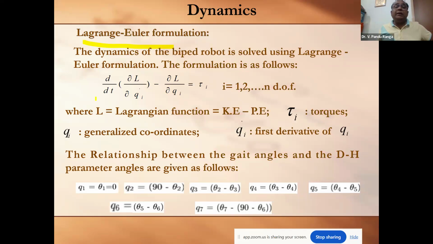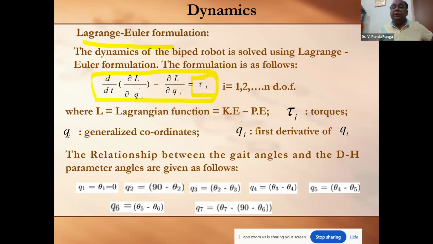This is the equation that determines the LE formulation: d by dt of dou L by dou Qi dot minus dou L by dou Qi is equal to tau i. Tau i is the torque required to move a particular joint by some angle. Here L is called the Lagrangian function, which is nothing but the difference of kinetic energy and potential energy.